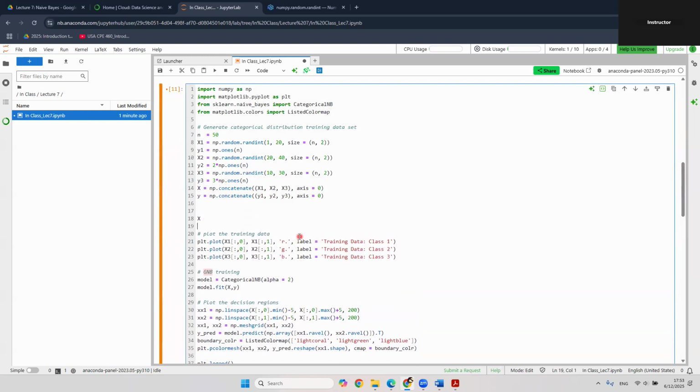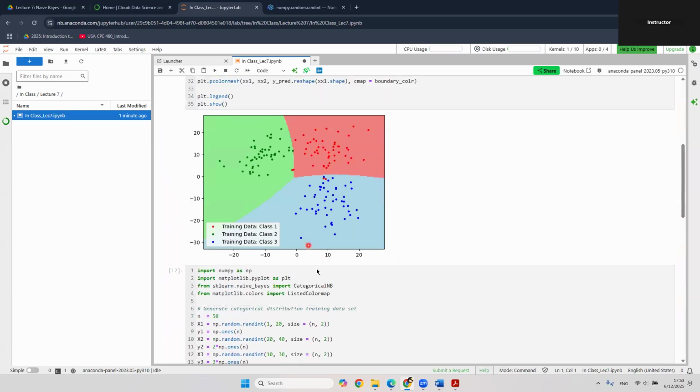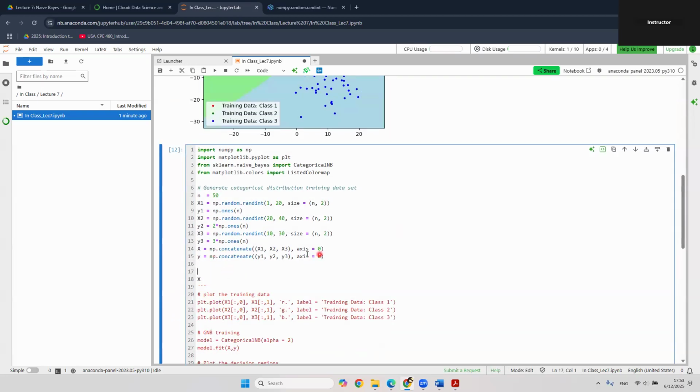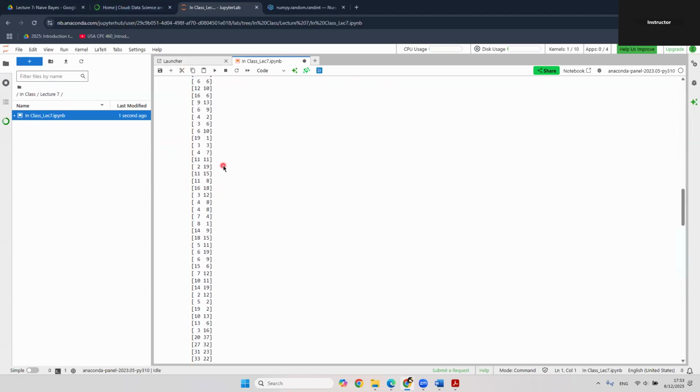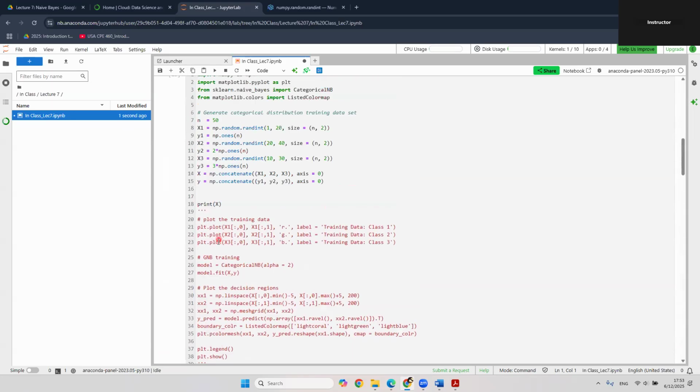Let me print the X, and I'm going to comment everything here. Let me see the X. X is equal to x1, x2, x3. Why can't I print X? Where is the negative value? There's no negative value at all.